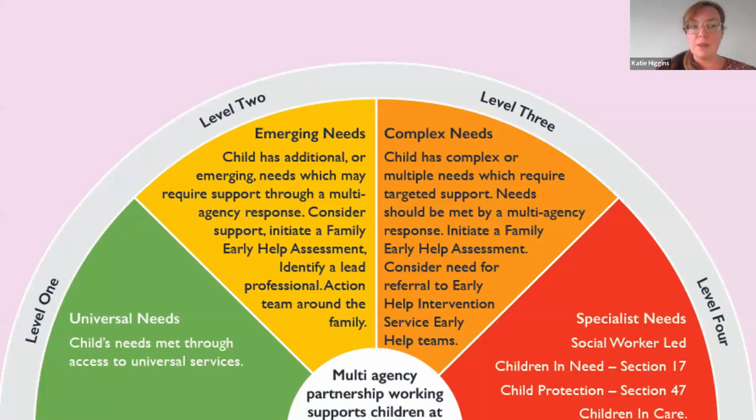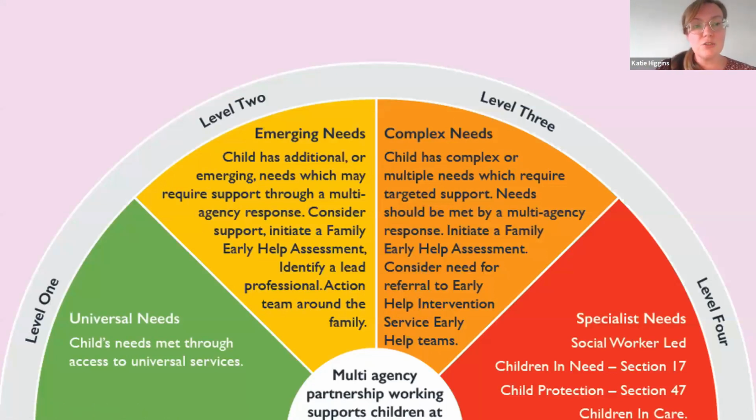They might be under speech and language, paediatricians, dietitians, continence services. Children that have a lot of services involved generally come under level 3. It can be things as well, like if a child is with a parent who's got a mental health problem, then those children would come under 2 or 3, depending on how many professionals are involved in the family.